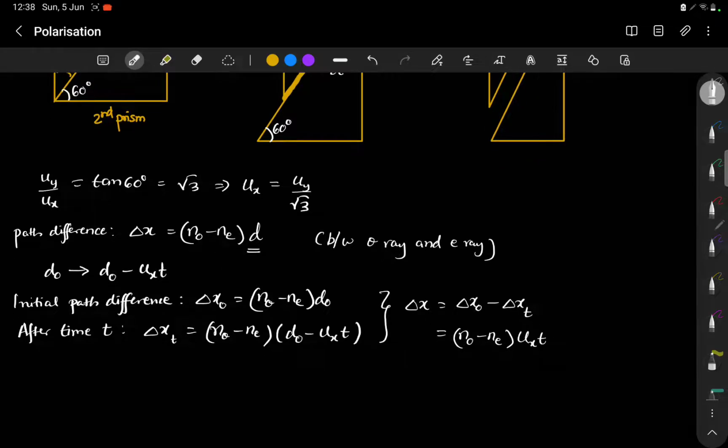Now we know the relationship between phase difference and path difference. So phase difference is given as 2 pi by lambda times path difference.